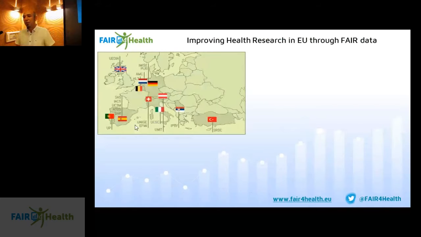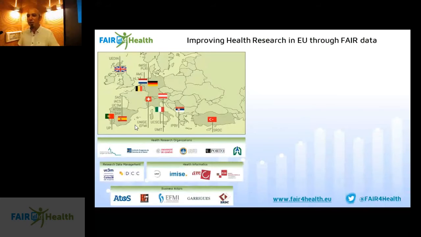The consortium of this project is made up of 17 partners coming from 11 European and non-European countries. Like Carlos said before, we also have partners in Turkey, Switzerland, and Serbia, which are associated countries but not fully European countries. The consortium is coordinated by the Virgen del Rocío University Hospital in Seville, Spain.